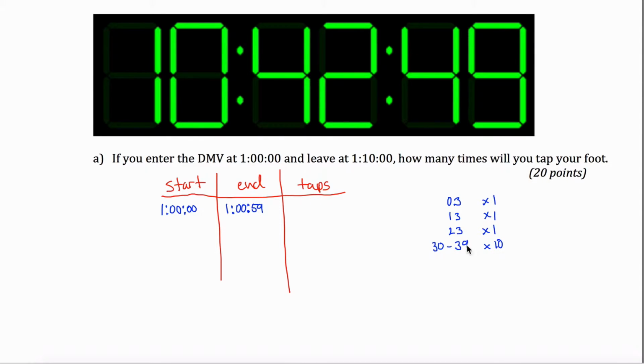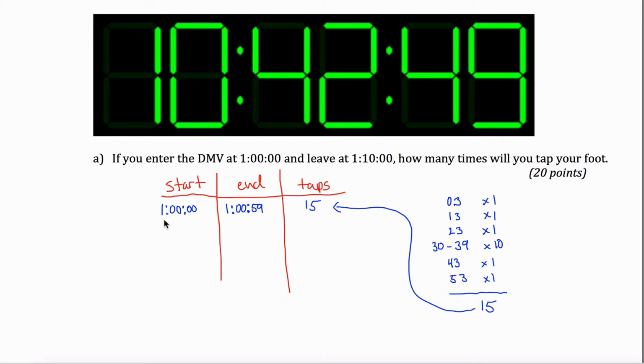Every second from 30 up to 39 will have a 3 in it. And then I get 43 and 53, each just once. If I sum these all up, I get 15. So from 1 o'clock to 1 o'clock and 59 seconds, I would tap my foot 15 times.